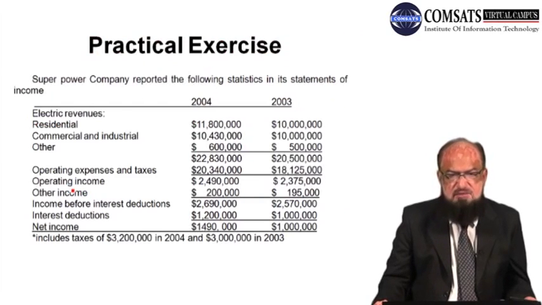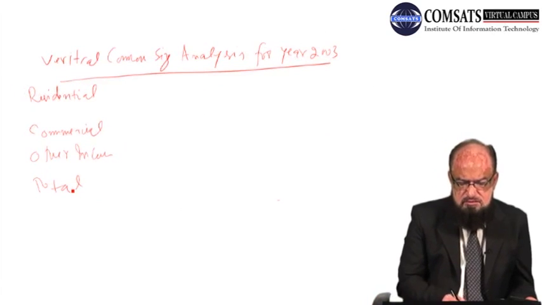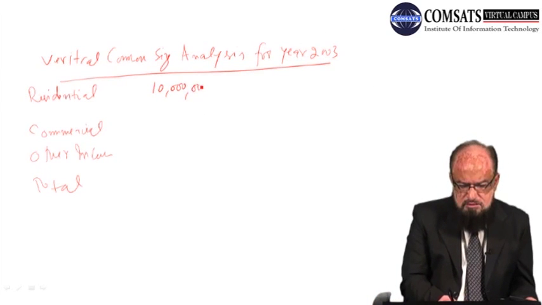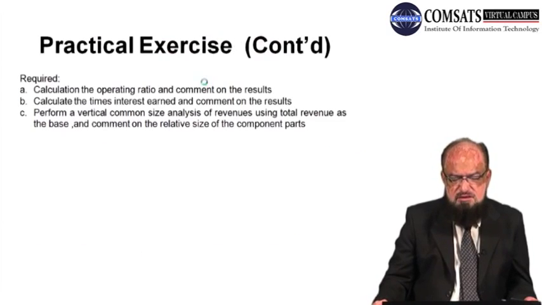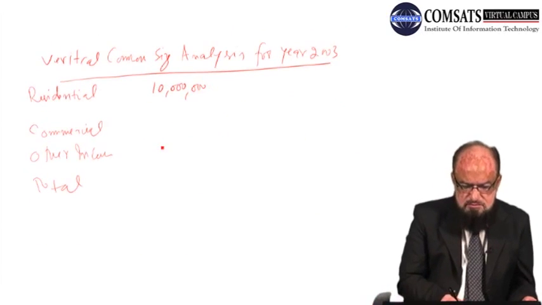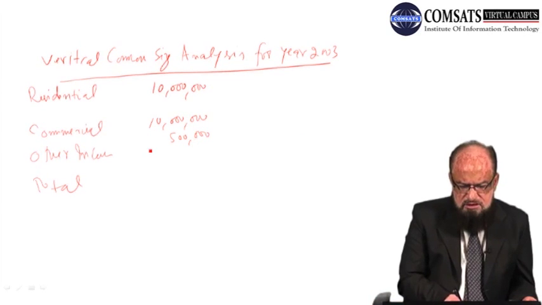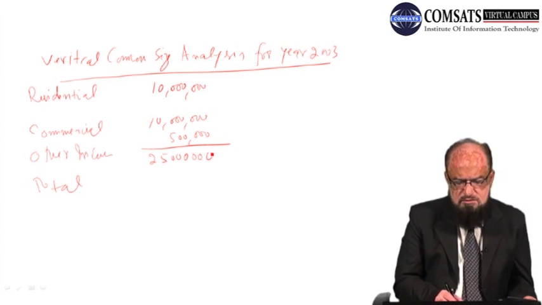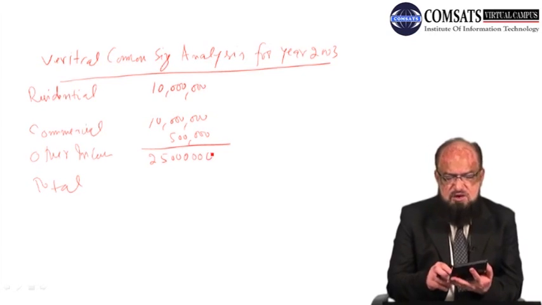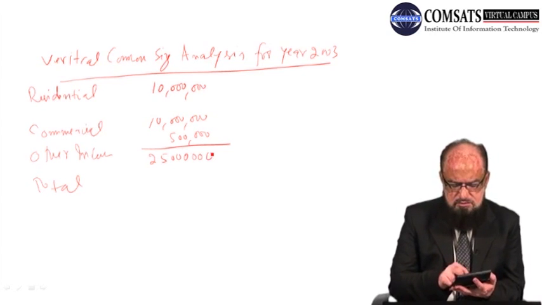रेजिडेंशियल में आपके पास 10 मिलियन है. और कमर्शियल में अगर आप देख सकें 2003 में दैट इज आल्सो 10 मिलियन, देन 500,000. सबको आप टोटल कर लें, दैट विल बी 2,50,00,000. अब आपने रेशो ले लेनी है 10 मिलियन डिवाइडेड बाय 25 मिलियन मल्टीप्लाई बाय 100.